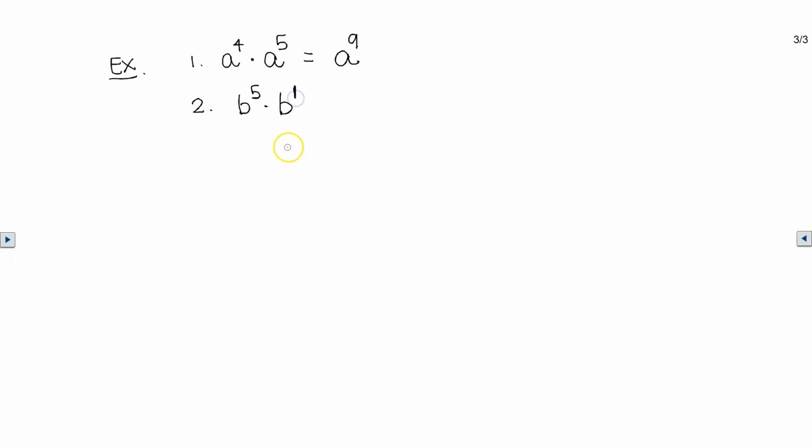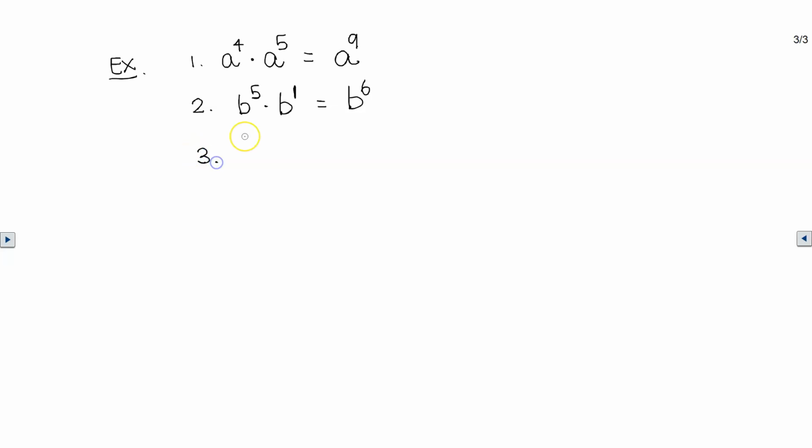So be aware that all variables in a problem have an exponent, even if you can't see that exponent. So if it's missing, that means there's an invisible 1 there. So this is really b to the 5th power times b to the 1st power. Now, since the bases are the same, I can just keep that base and add my 2 exponents, so that would be b to the 6th.